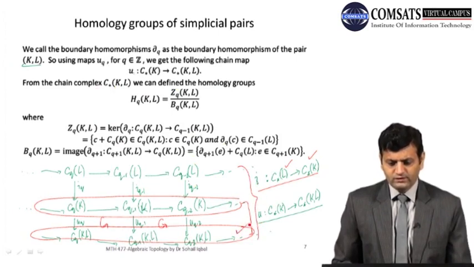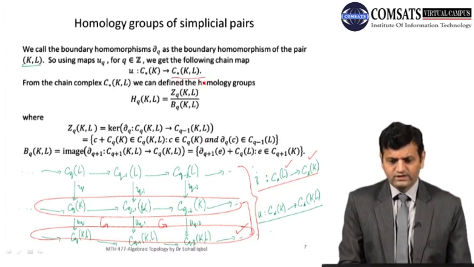Now we have also proved that this C_star (K,L) is a chain complex, and we know from our results from homological algebra that if we have a chain complex, then we can define homologies in that chain complex. So now we can define homologies H_q(K,L), which is equal to Z_q(K,L) quotient with B_q(K,L).